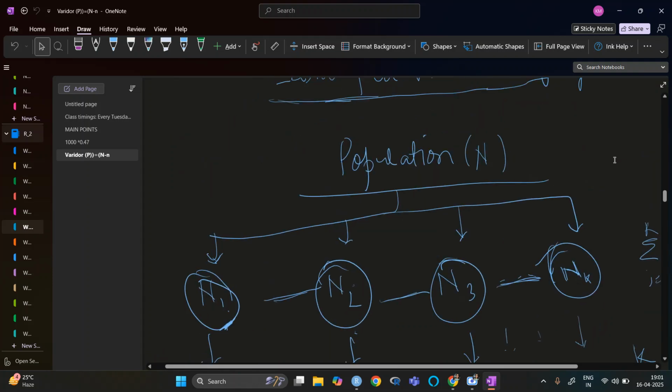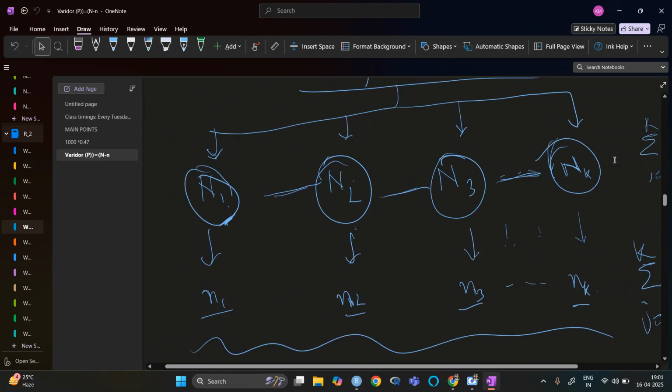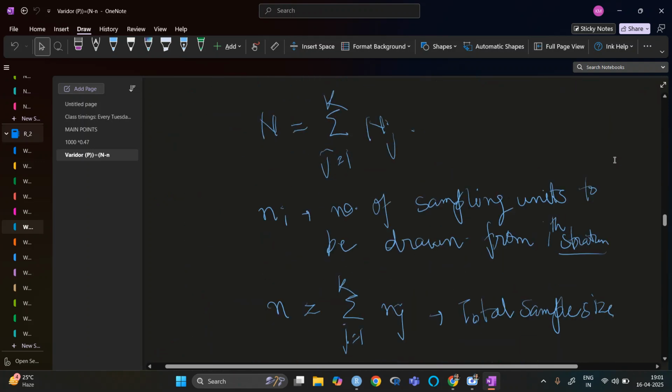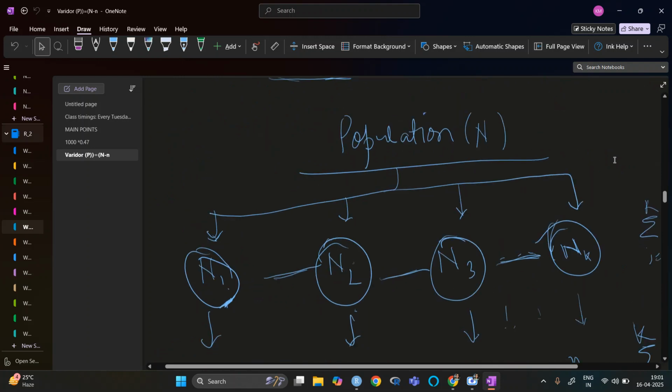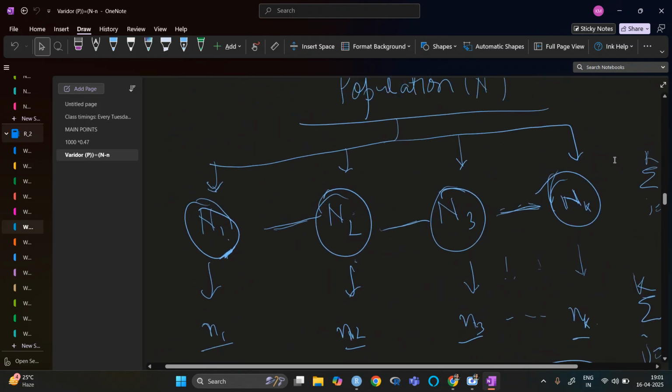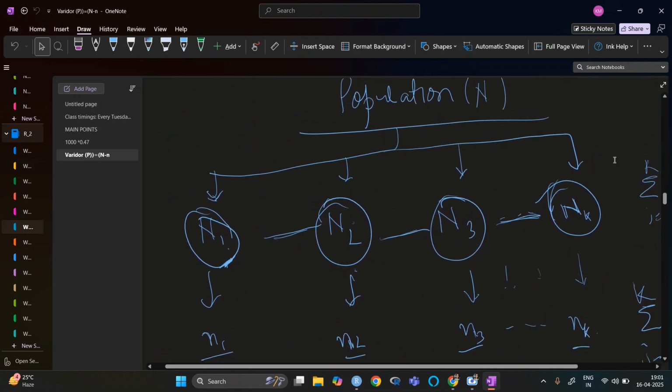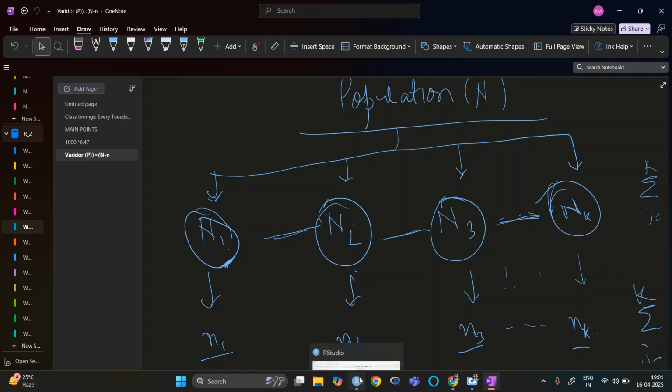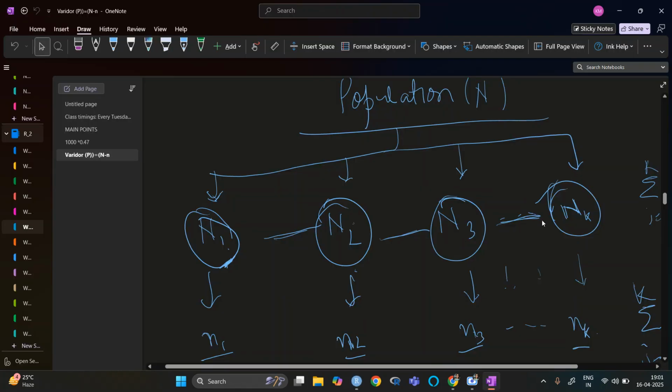The need for stratified sampling is that if you have a data set that is not uniform, and you can do some kind of clustering in that data set.